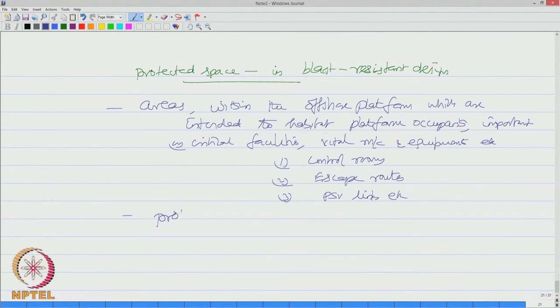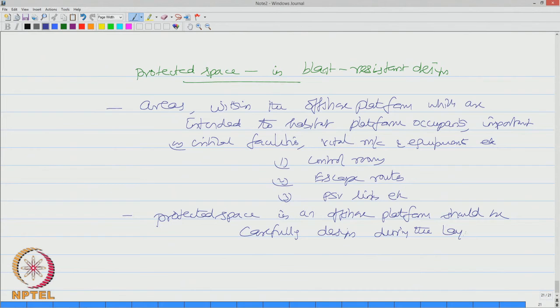So, protected spaces in an offshore platform should be carefully designed during the layout of the platform itself.